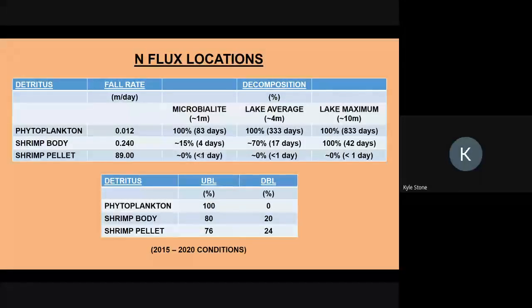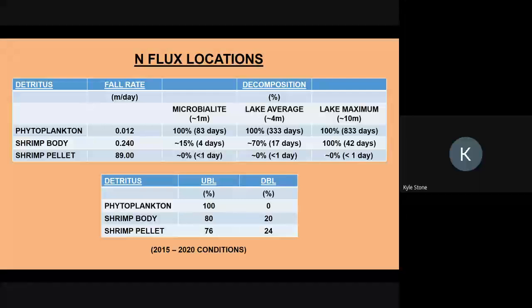Now, where does this decomposition take place? This upper table here I presented to you in a past TAG meeting, and I was teased earlier about this, and I said that the shrimp fecal pellets were like little rocks because they're falling straight down through the water column.